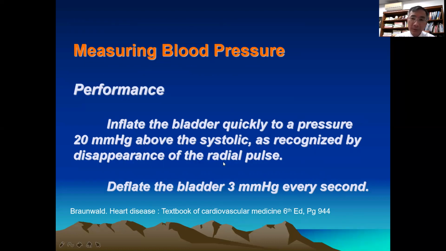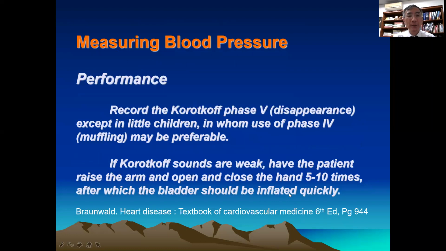Feel the radial pulse, inflate the blood pressure cuff quickly, and when the radial pulse is no longer felt, then you inflate it for a further 20 millimeters, and that is when you can stop. And as you deflate the cuff, you must deflate it very slowly. Deflating at 3 millimeters per second is very slow deflation. So in contrast to the inflation, which is quick, the deflation should be very slow.